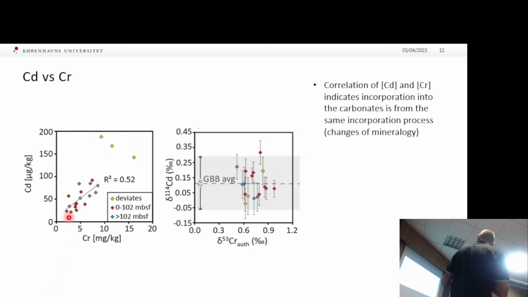Maybe also in the phosphate, but we decided not to investigate more on this because we don't have the phosphate data. But we interpreted this as that the correlation between cadmium and chromium indicates the same type of process that incorporates cadmium and chromium into the mineral.